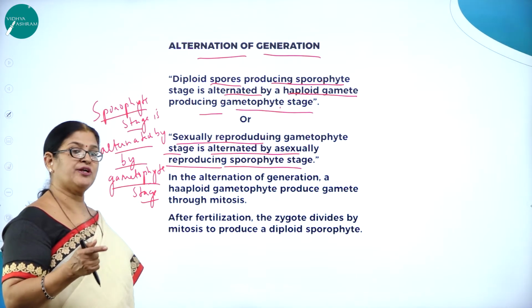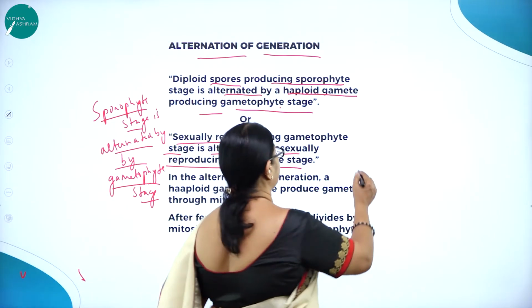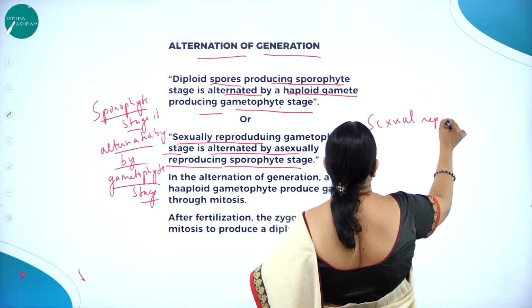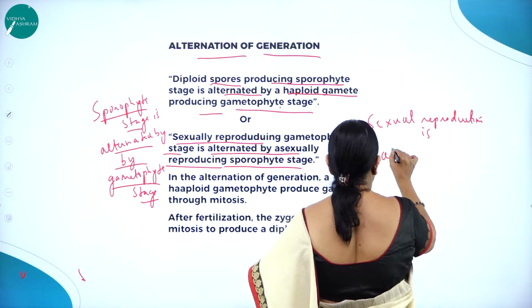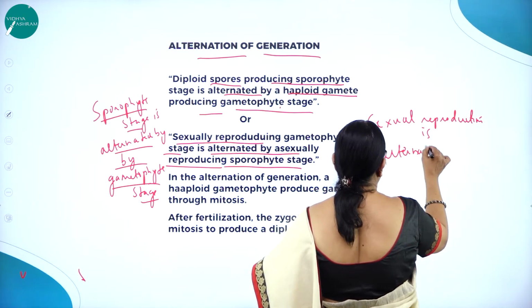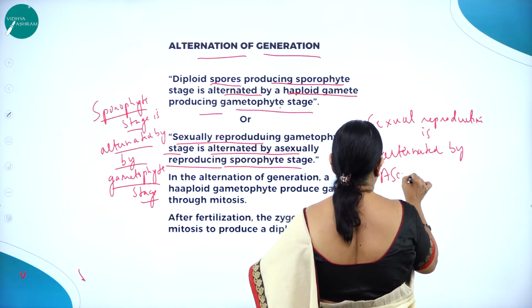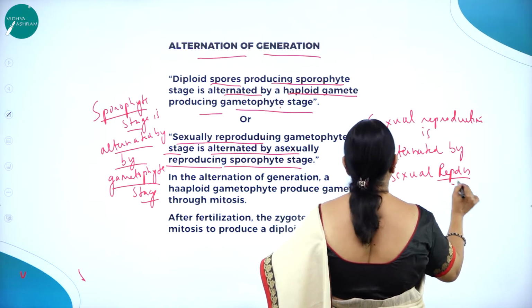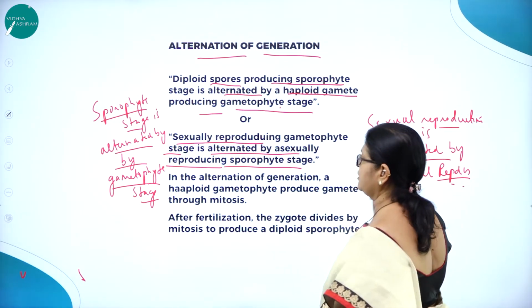Or you can say sexual reproduction is alternated by asexual reproduction.